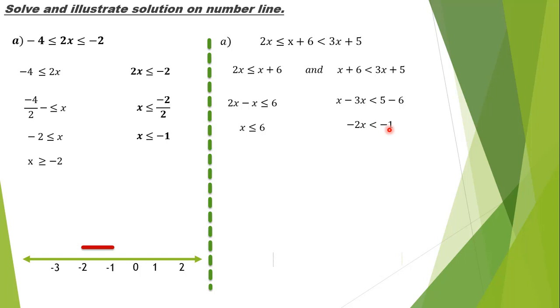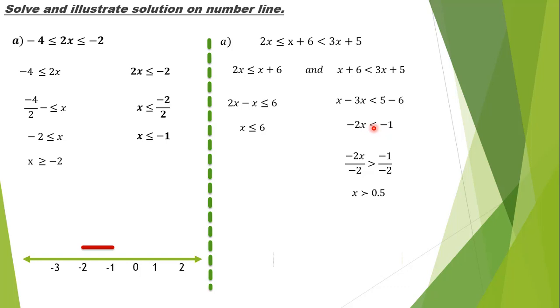Now students, there is a very important thing to note down here. As I told you in the previous tutorial, if you are dividing a negative number on both sides of the inequality, remember to reverse this sign. Just consider this, you are dividing both sides by minus 2.